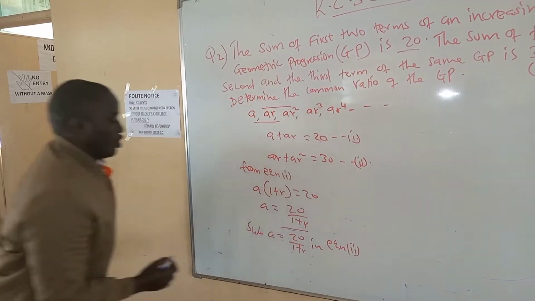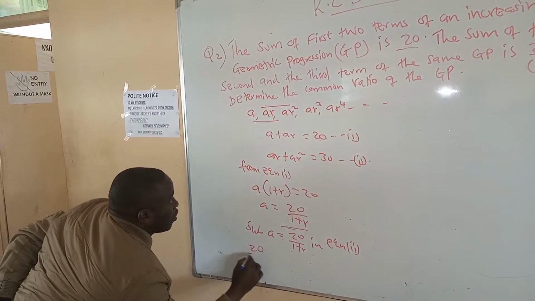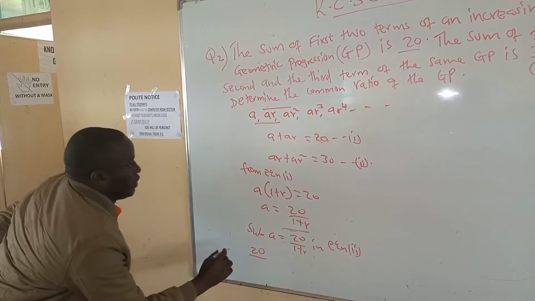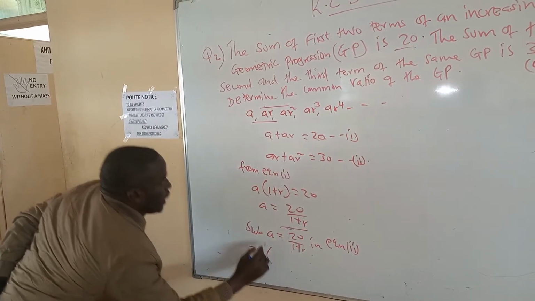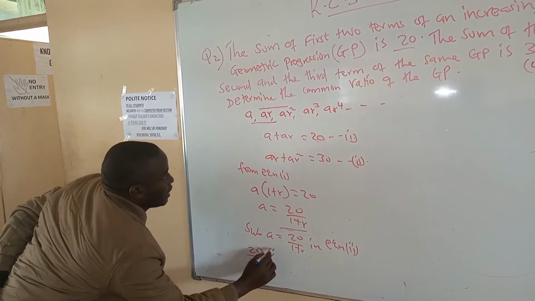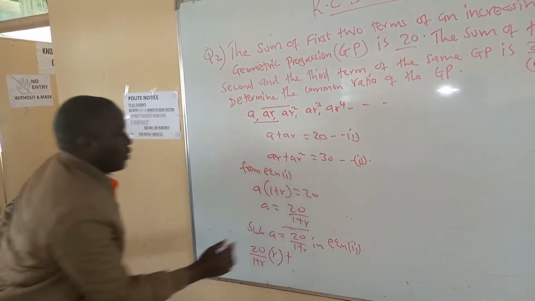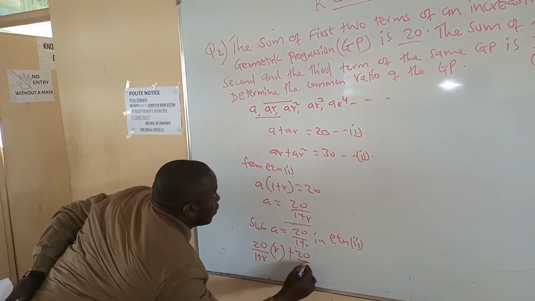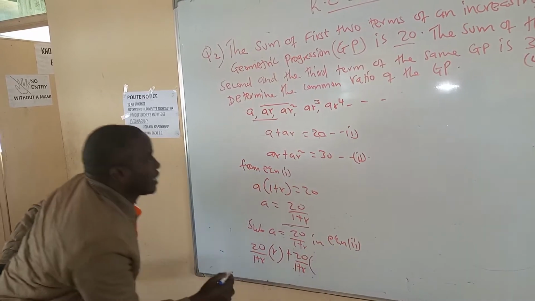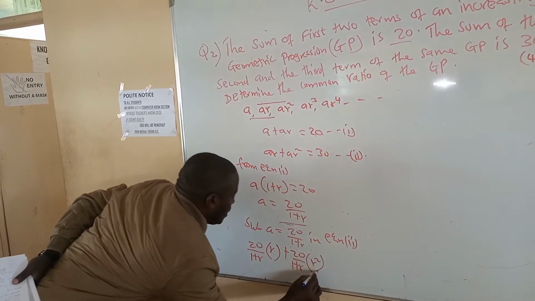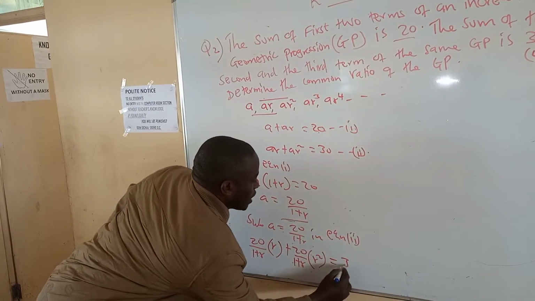Whenever we have A, we place this. So we shall have 20 all over 1 plus R into R, plus 20 all over 1 plus R into R squared, equal to 30.